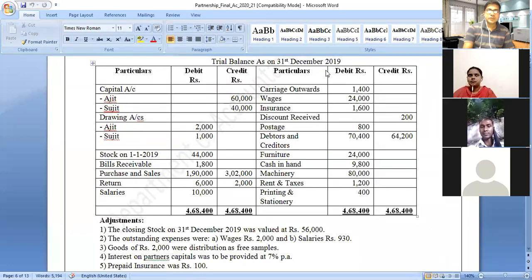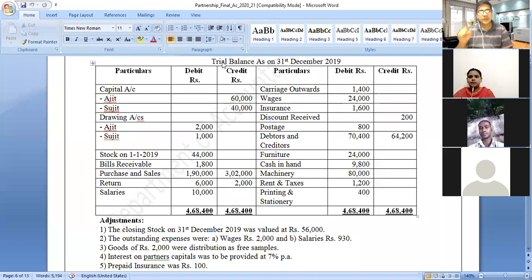Okay. See, the meaning of prepaid is paid in advance. The insurance we already recorded on the profit and loss account debit side is 1,600. From this insurance, we will deduct the prepaid insurance. It is 100, we will deduct it.